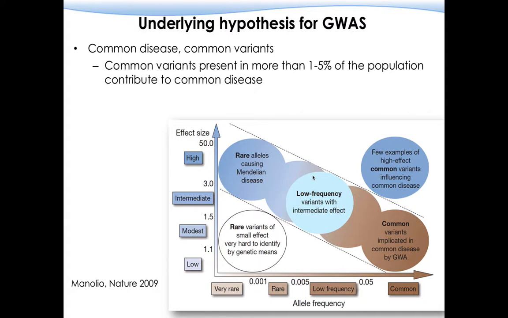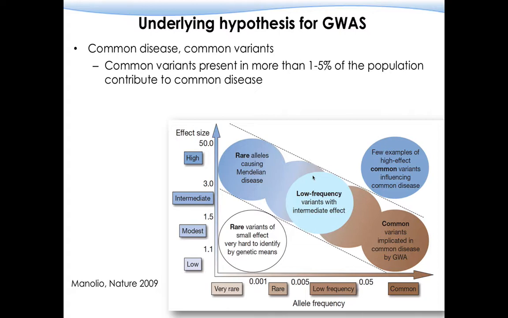And on this side, those are the ones that are common, but the effect size is not very high. Those SNPs occur very frequently in the population, but if you have one, your risk of being sick is like 1.3 times higher than otherwise.